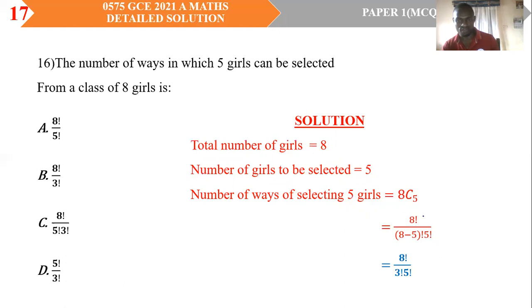The formula for combination says that 8C5 is expressed as 8 factorial over (8 minus 5) factorial times 5 factorial. And 8 minus 5 is 3, so 8 factorial over 3 factorial times 5 factorial. Answer C.